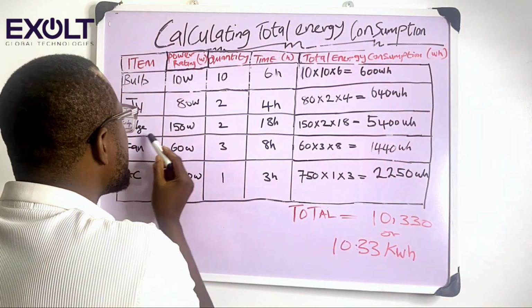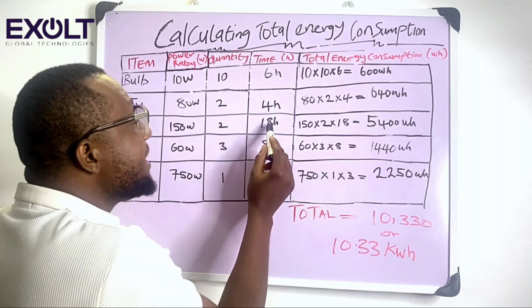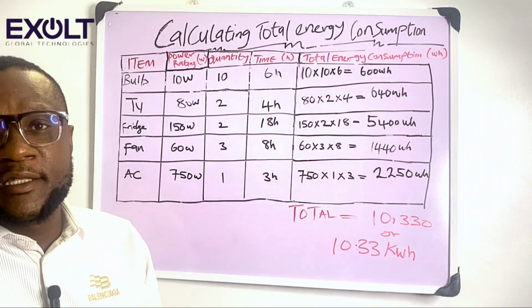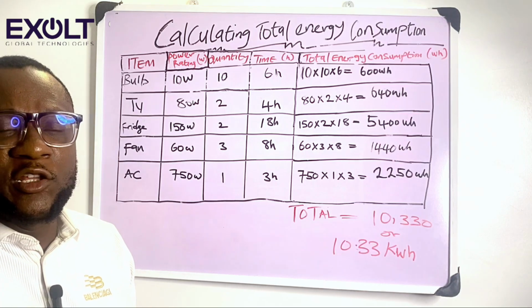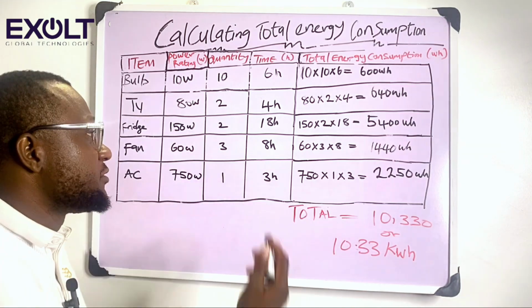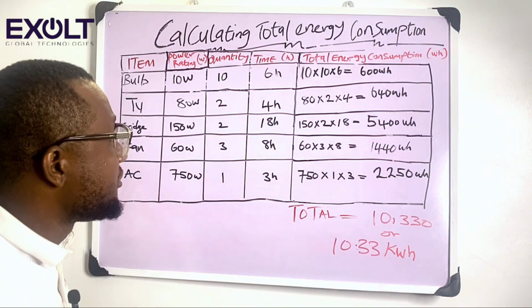We have done this also for the refrigerator, which runs about 18 hours. The refrigerator has to run for long hours because it is preserving perishable things kept in the fridge, so we set a long running time for it.